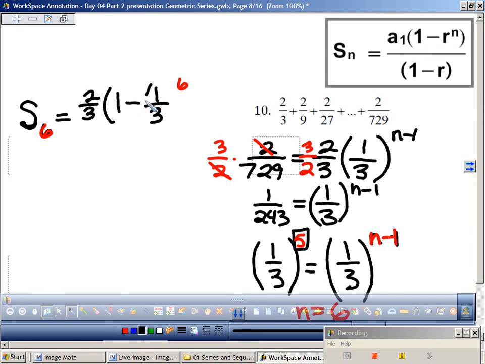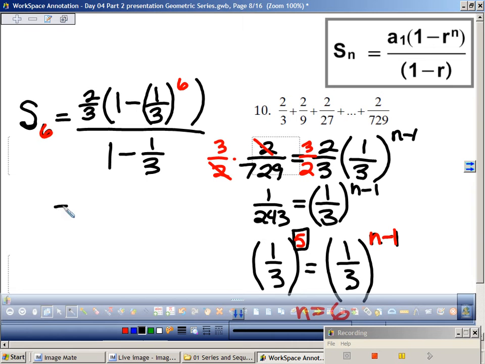And whenever I have fractions, I'm on the safe side, I'm always putting parentheses around. All over 1 minus 1/3. And this is what you had to get to on your homework. So let's put it down.